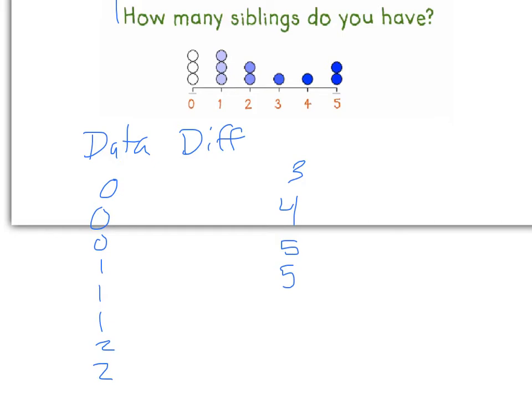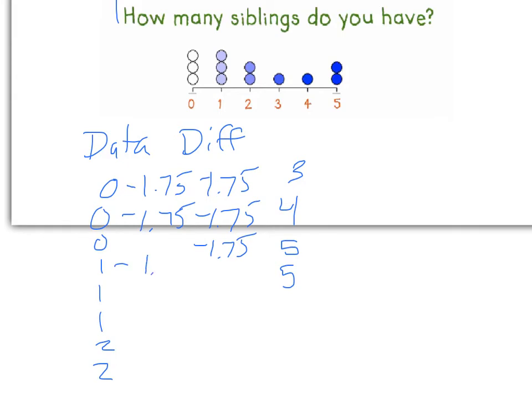Well, we found out that the mean was 1.75, so we're going to subtract. 0 minus 1.75 is going to be, sorry, negative 1.75. We're going to get the same thing here and here.